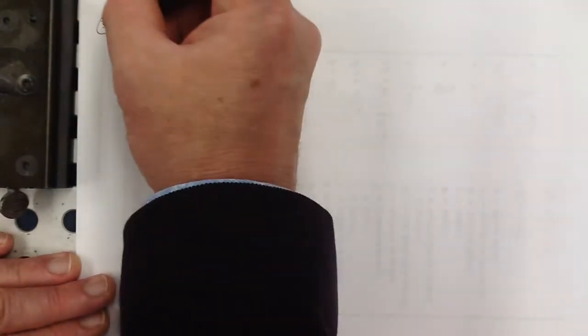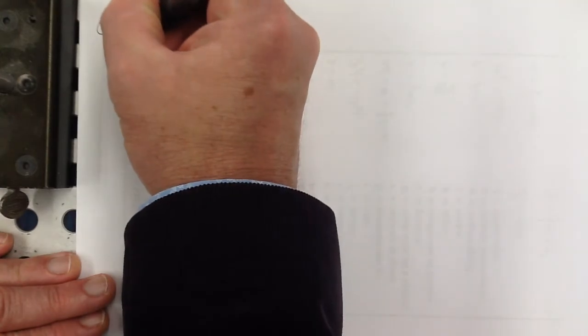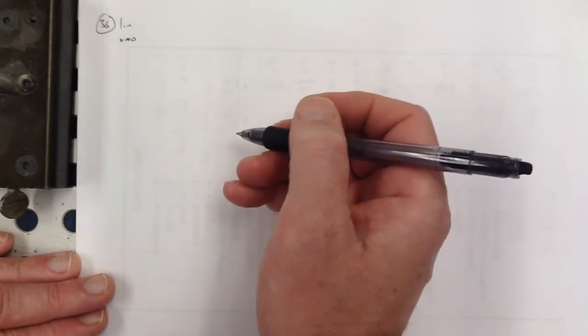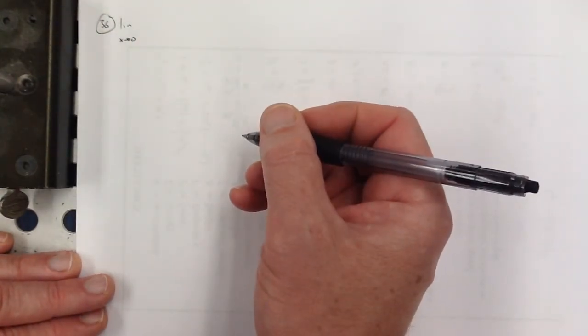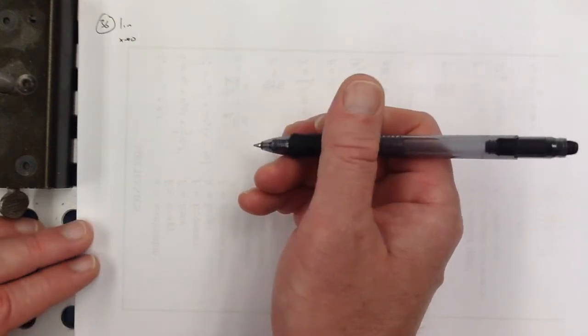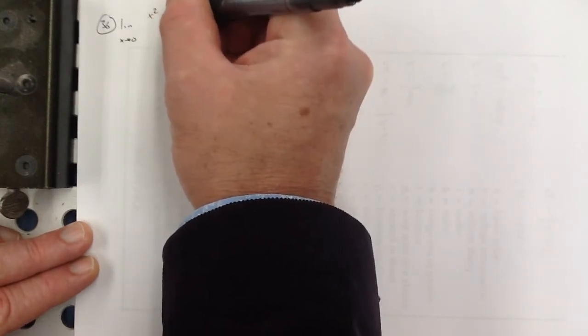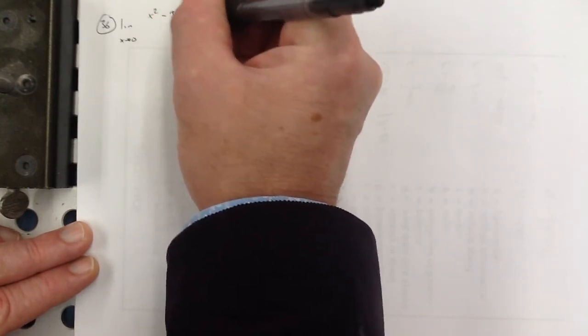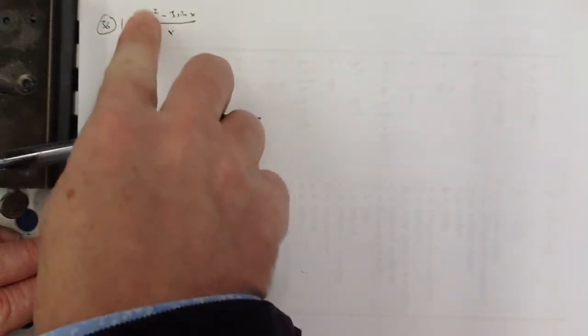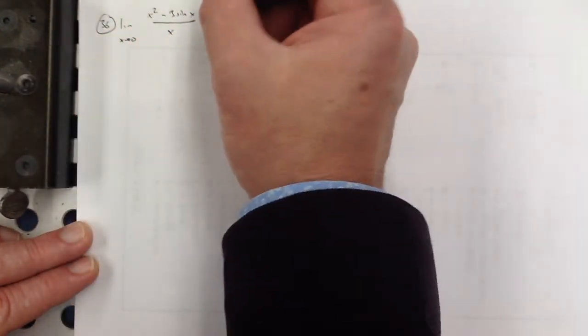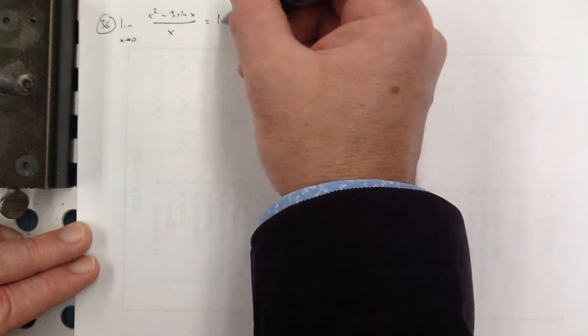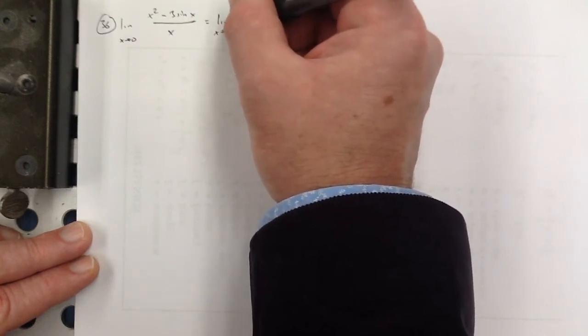Number 36, the limit as x approaches 0 of x squared minus 3 sine x over x. Well, when you're just dividing by an x like that, you can split that up. This is my first instinct here.